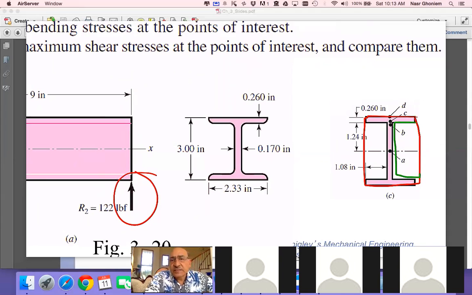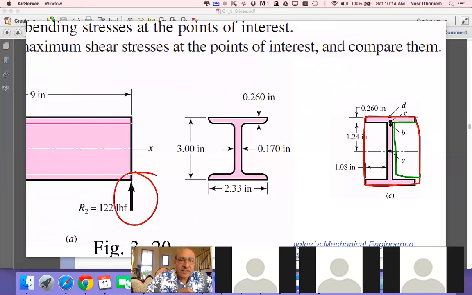I think for the T section, we did use the parallel axis theorem to do each part about its own centroid, and then transfer the second moment of area to a common centroid by adding the area times the distance squared. But here we're just going to do the subtraction idea.